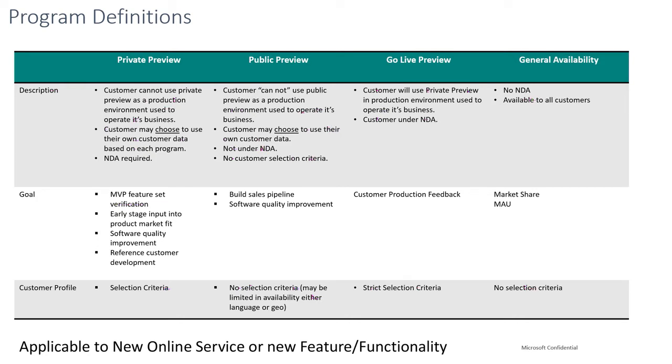And then we have different go-live previews. And in a go-live preview, this means that the customer is going to go live. We are treating it just like adhering to our SLA for any other feature functionality. We're just really controlling that go-live activity and that feedback, where we're only allowing it for a small select group of customers. And this is where you probably hear a lot of our team talk about flighting.